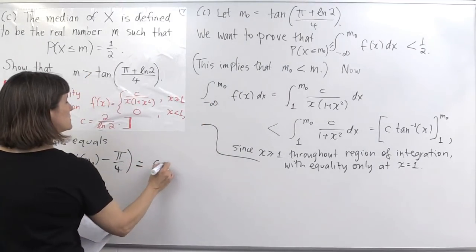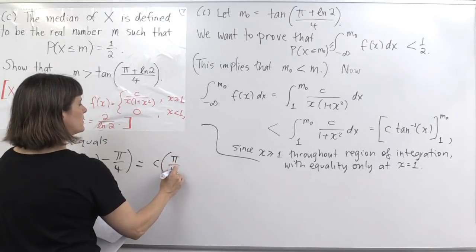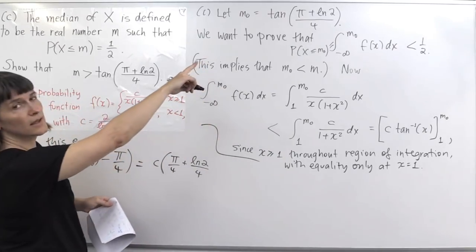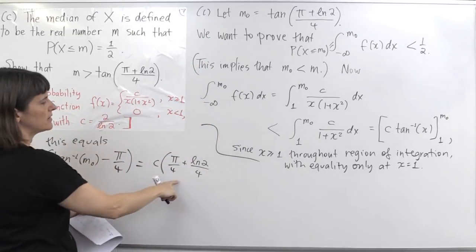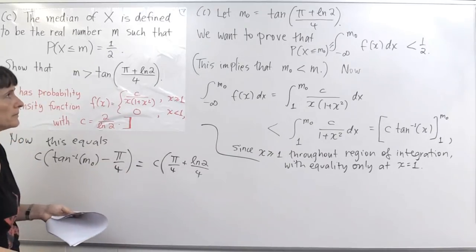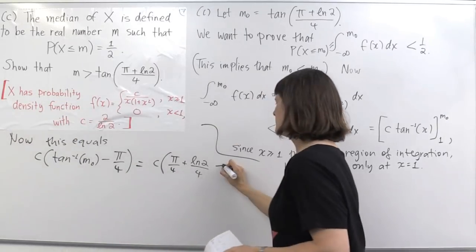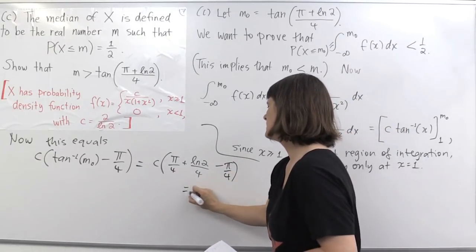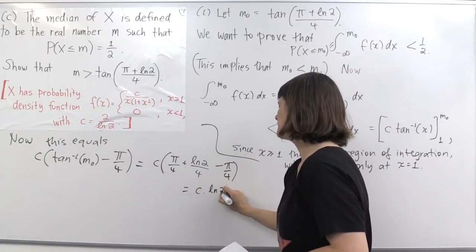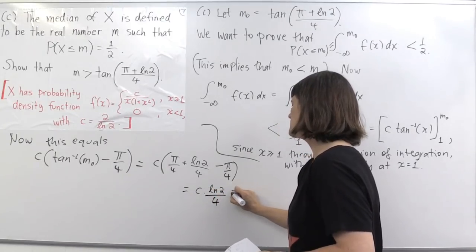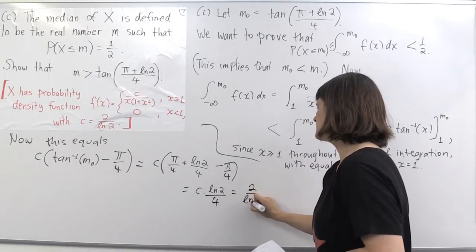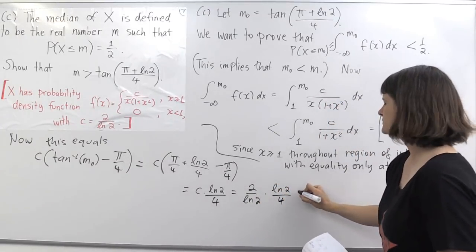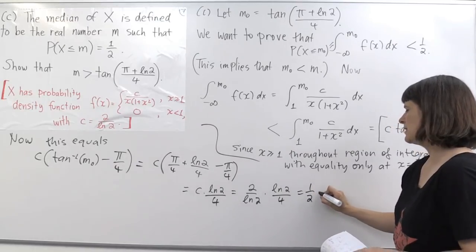You get c times pi over 4 plus log 2 over 4, just writing the operand of this tan thing, the angle, as a sum, because we have to subtract pi on 4. Okay, and so all you're left with is c times log 2 over 4, which is precisely 2 over log 2 over 4, which is a half, and that's as required.